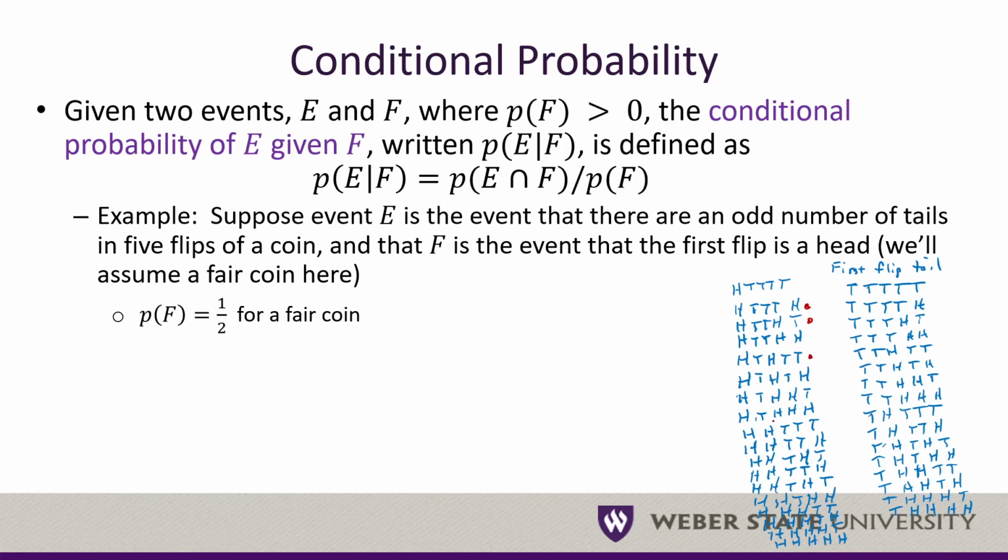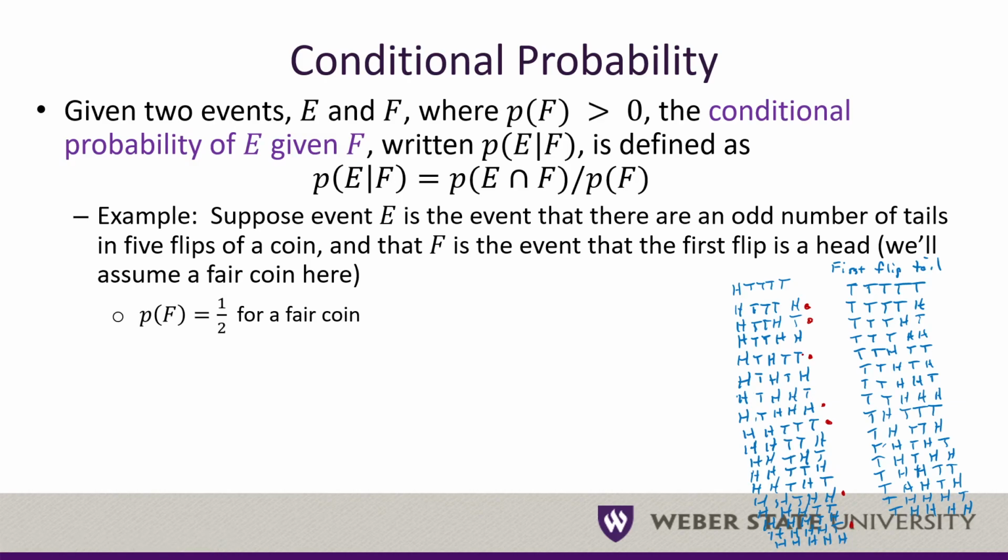That one's got 2, 2. I've got 1 here. I've got 3 here. So we're just marking all the ones with an odd number of tails. I've got 1 there, 2, 2, 1, and then we're done.